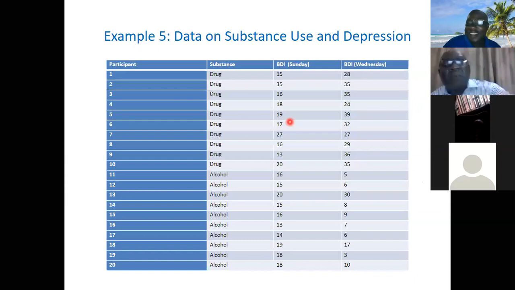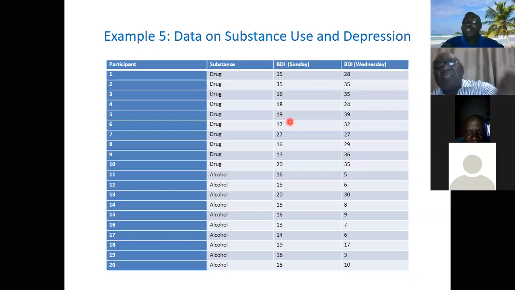It's not lesser because each group has 10. Even if you look at the drugs on Wednesday, look at the score for drug on Wednesday, 20, 30, 30. Look at the score for alcohol on Wednesday. Can you see?